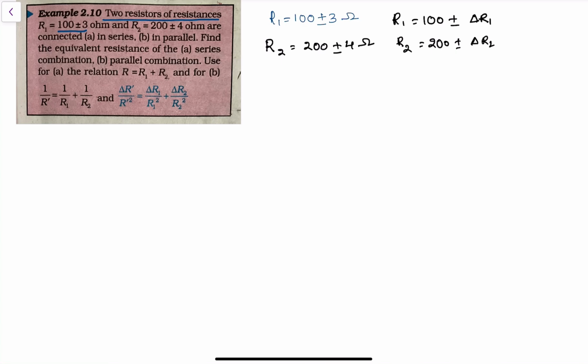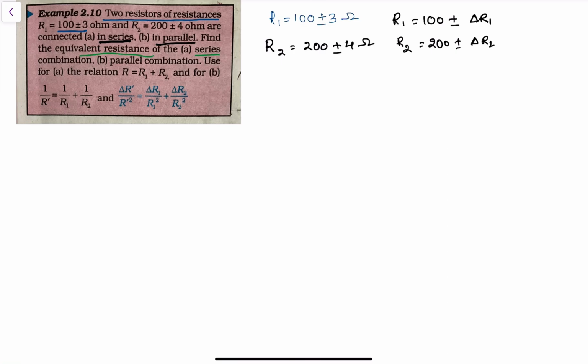Here delta R1 is equal to 3 ohm, delta R2 is equal to 4 ohm. So they are connected as both series and parallel. Find the equivalent resistance of the combination of series and parallel.